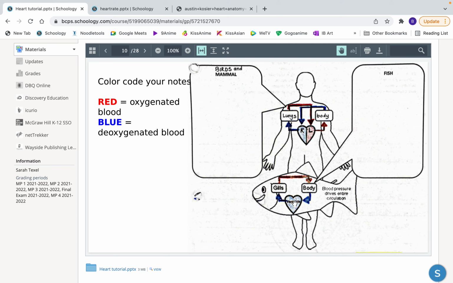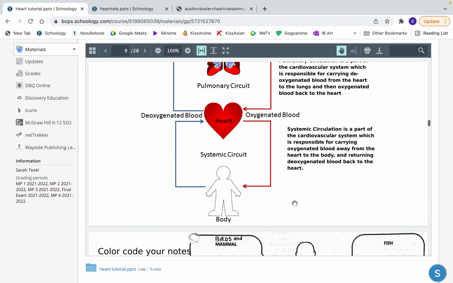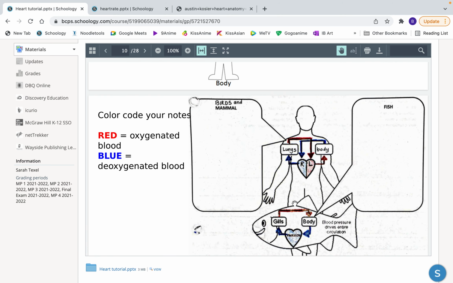Good stuff. And we have to have that double heart system because our body is huge. We have a giant body that we need to supply a lot to. Anyways, we need the added pressure. The fish don't.